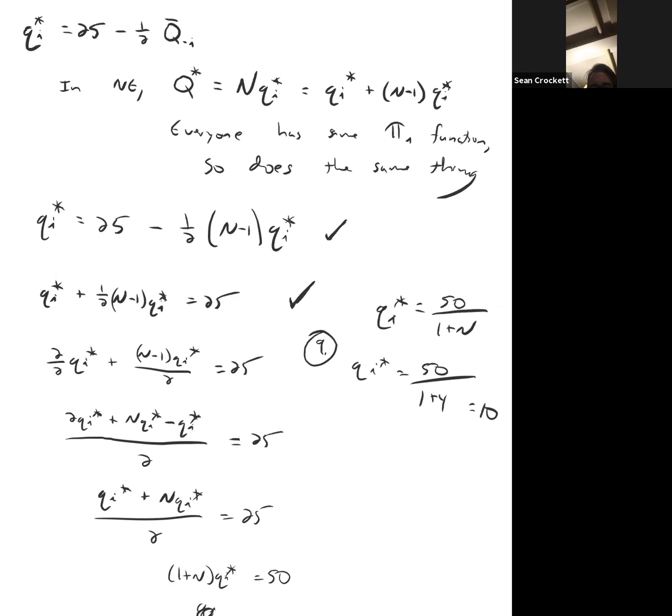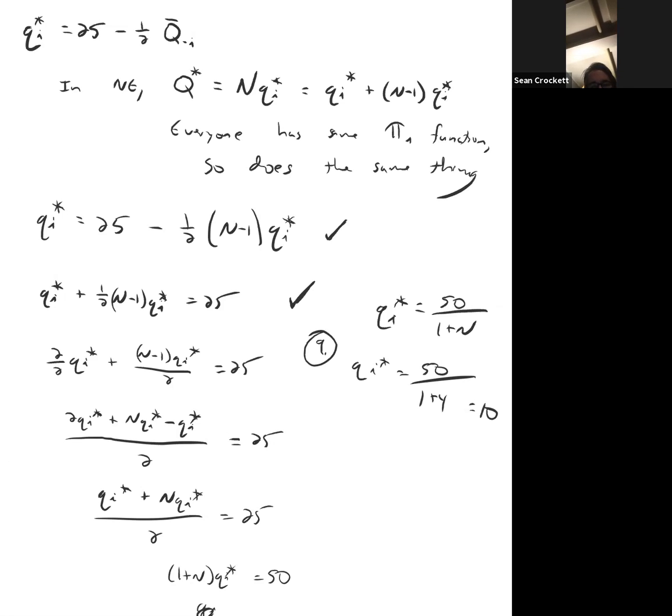Okay, but that's how. So there are equations from the book, not from the book, from the lecture notes where I tell you what the best response function is as a function of the total quantity of the other firms in the market. And then I gave you a form.